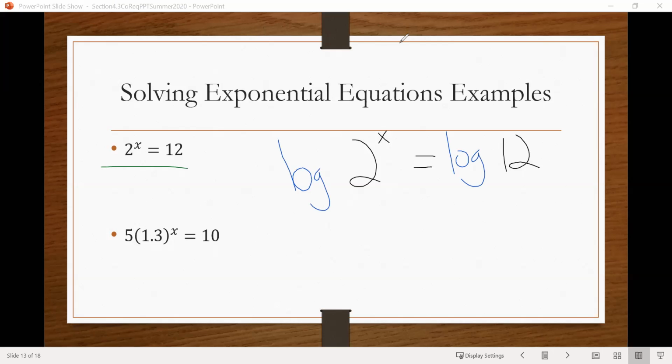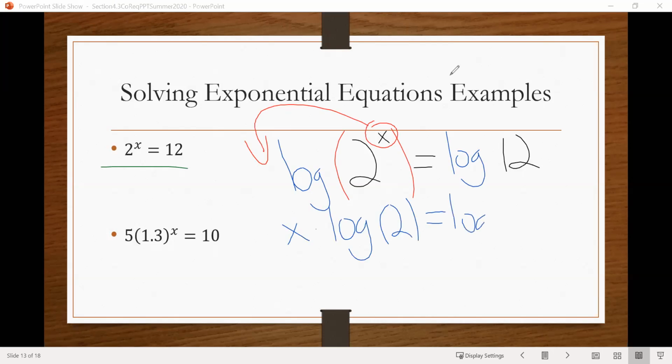Doing that on the left-hand side, now notice I have log of something raised to a power. So I can take this power and move it out to the front. This will become x times log base 2 equals log of 12.